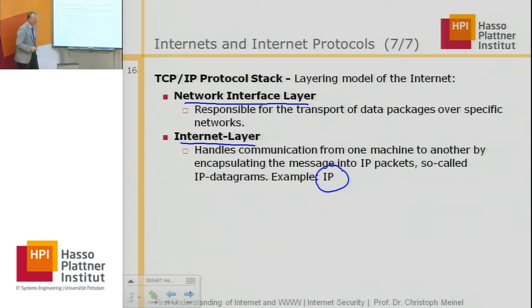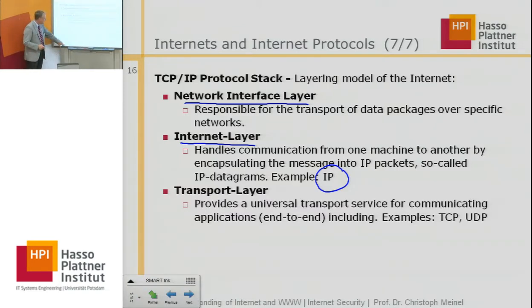The most important protocol on this internet layer is the IP protocol. On top of the IP protocol, we have the transport layer. The transport layer provides a universal transport service for communication applications, for end-to-end applications. The most important protocol on this layer is the TCP protocol, but we also have to mention the UDP protocol, which is much simpler and usable for organization and administration data.